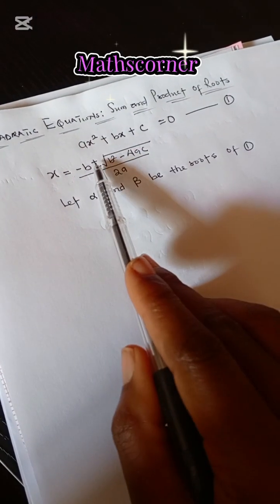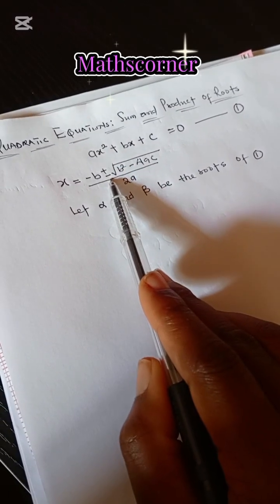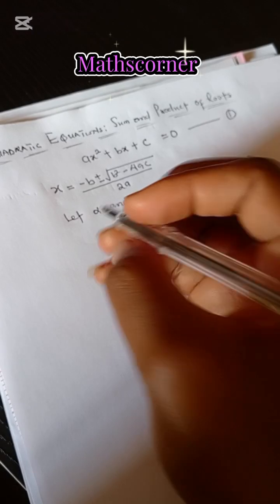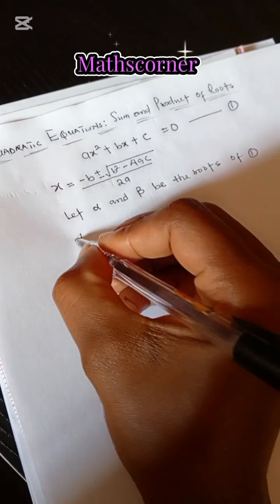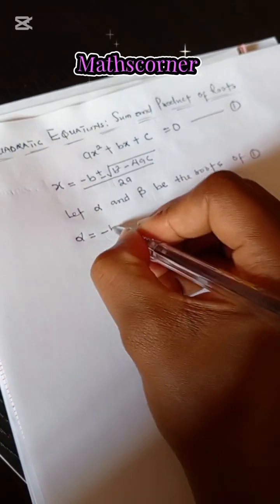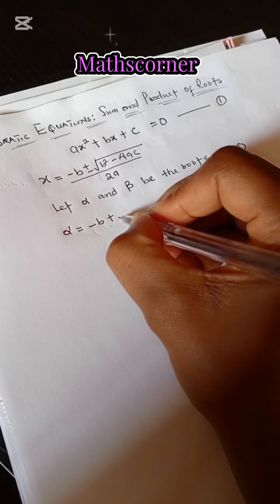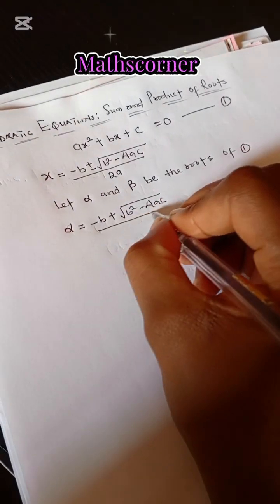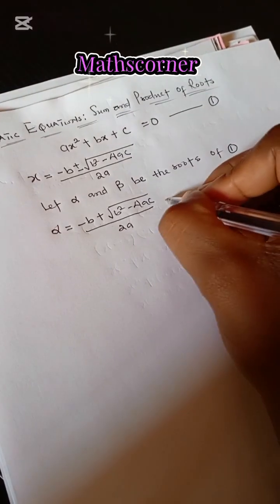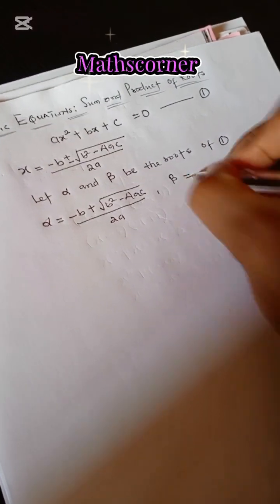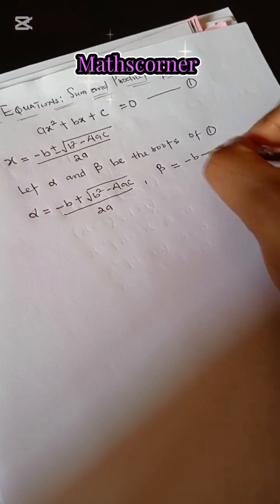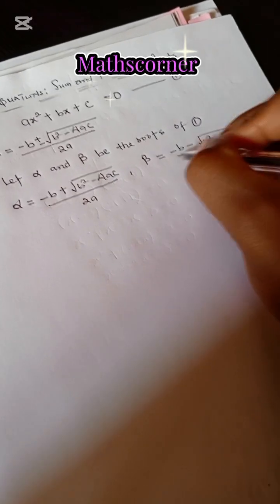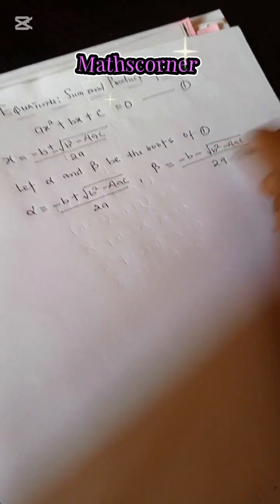So this plus and minus sign here is showing that you will always have two roots when you are solving this quadratic equation. The first root, let's call it alpha, might be minus b plus the square root of b squared minus 4ac, all over 2a. And the second root, which is beta, might be minus b minus the square root of b squared minus 4ac, all over 2a.